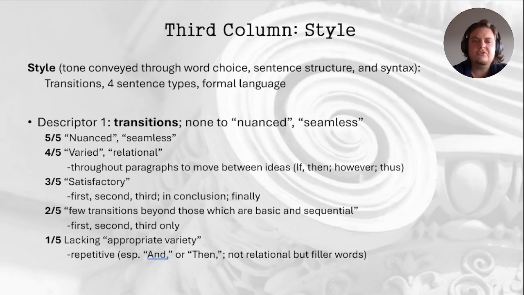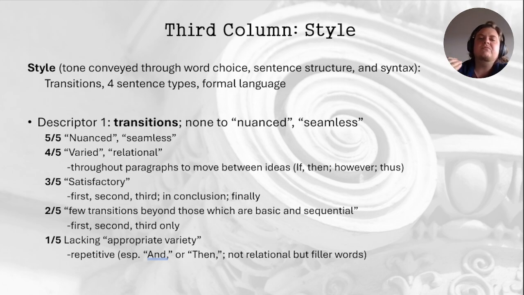So the first descriptor, which is the row in the column of style, is for transitions. So again, you can get a 0 to 5 points out of 5 for transitions. So a 0 would be basically no transitions, all the way up to nuanced and seamless.